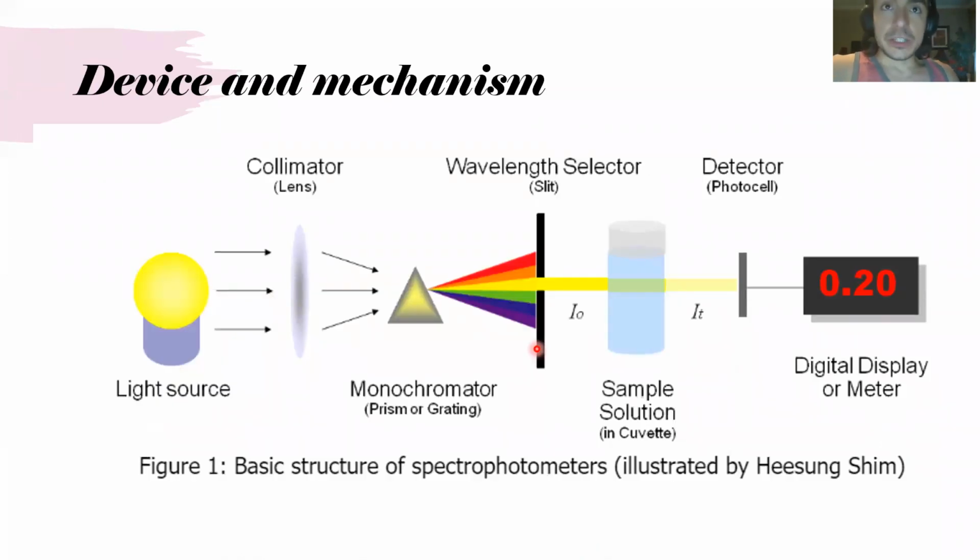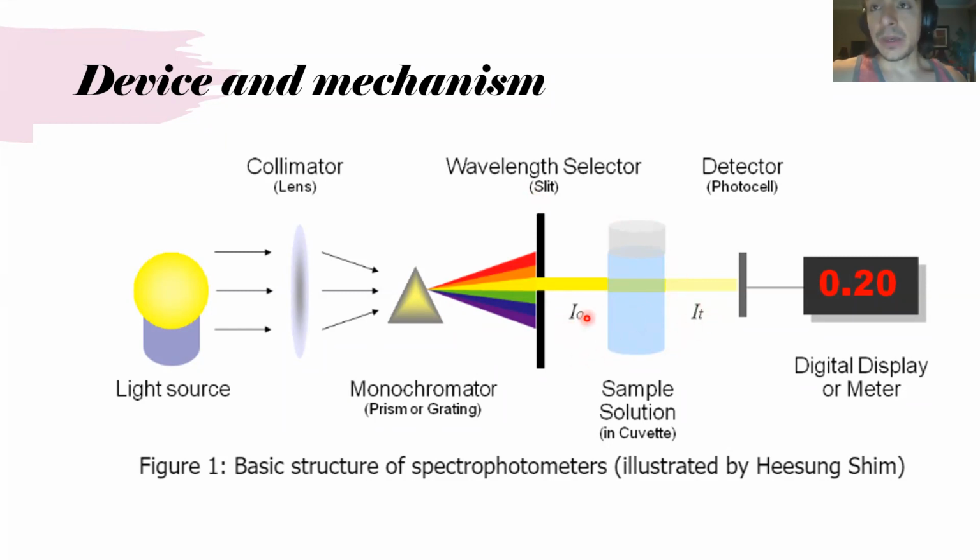All right, so this slide illustrates, in a cartoon, the fundamental structure of spectrophotometers. It consists of a light source, a collimator, basically a lens, a monochromator, basically a prism, a wavelength selector, which is just a slit, and then a cuvette for sample solutions. Those cuvettes are kind of important.